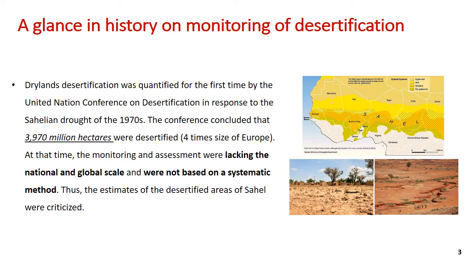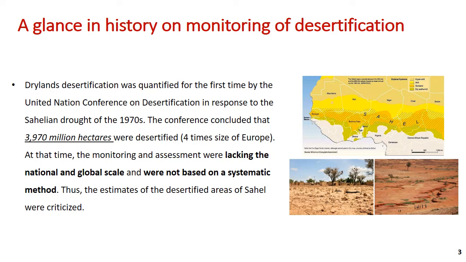The concept of monitoring of desertification goes back to the 1970s, where desertification was first identified and discovered in the Sahel area in Africa. At that time, when desertification was first identified and they noticed that it's really a serious problem in Africa, they called for the United Nations Conference on Desertification.